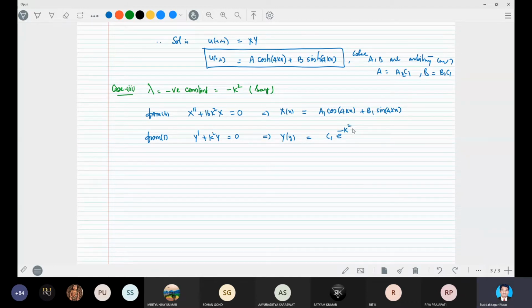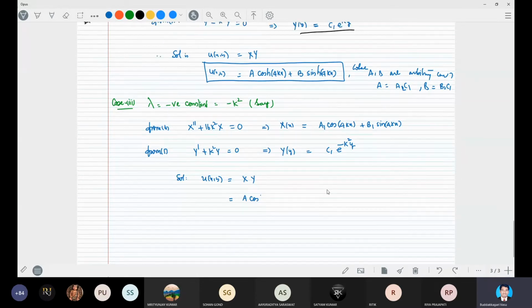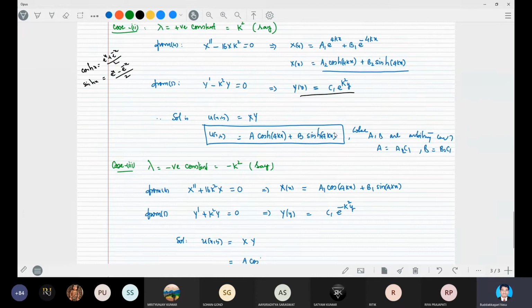Right? So hence the solution is u of x comma y is equal to capital X into Y. That is equal to A into cos. Oh my god, here we are missing something. Can anybody say what is missing here? e power k square y.